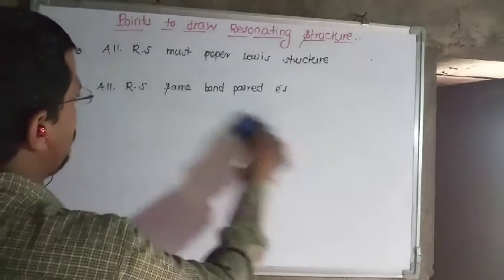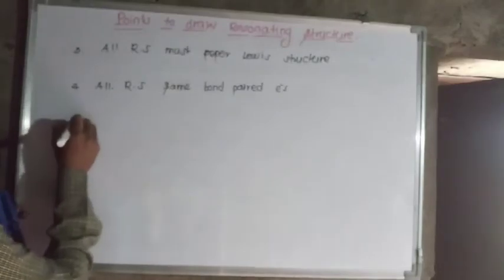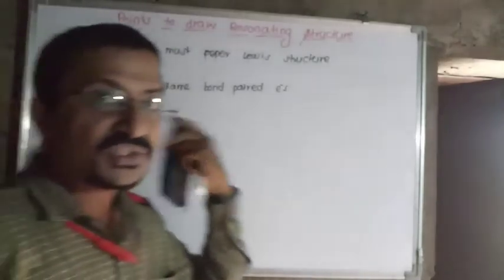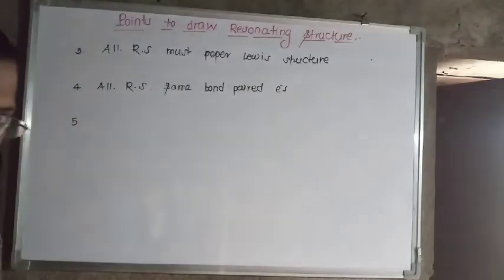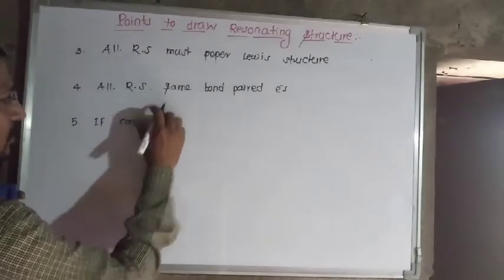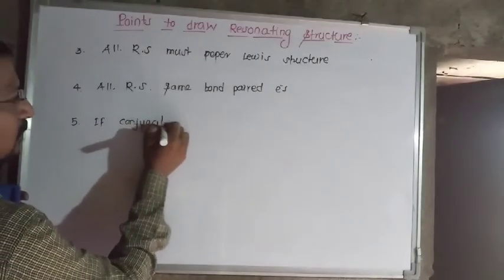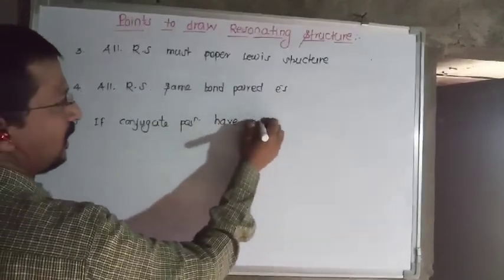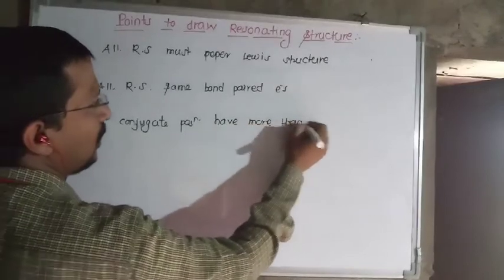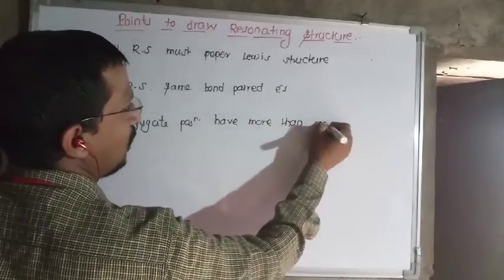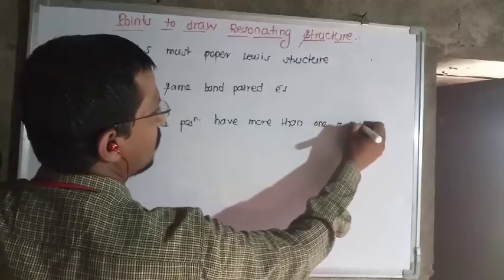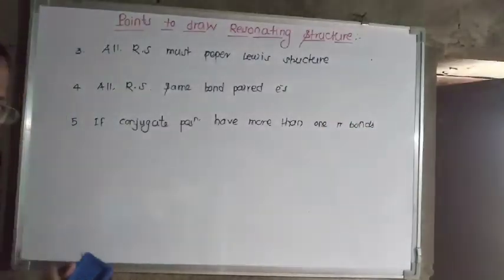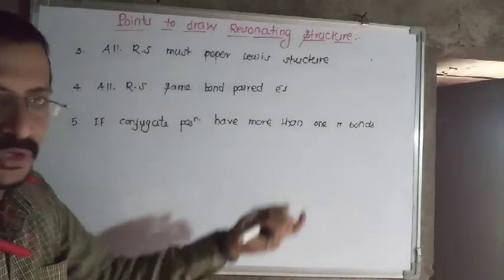Then next, there is the fifth point. That is, if the conjugate position in the resonating structure has more than one pi bond, isn't it? एकापेक्षा जास्त पाय बॉन्ड जर असतील म्हणजे ट्रिपल बॉन्डची पोझिशन असेल.